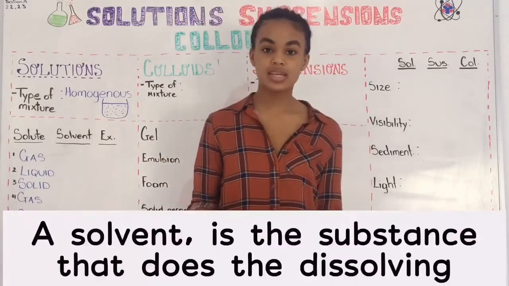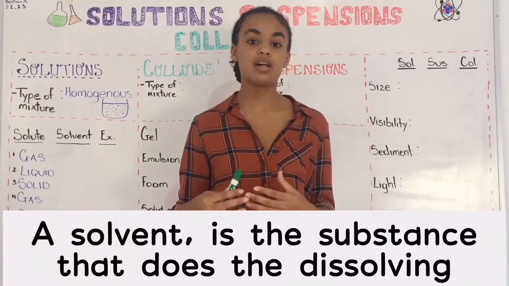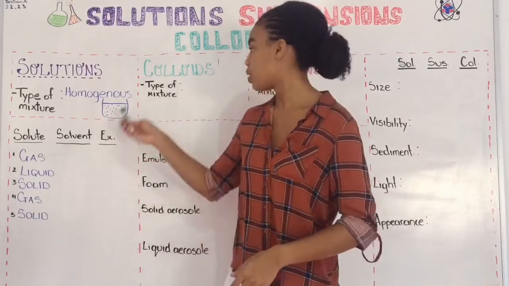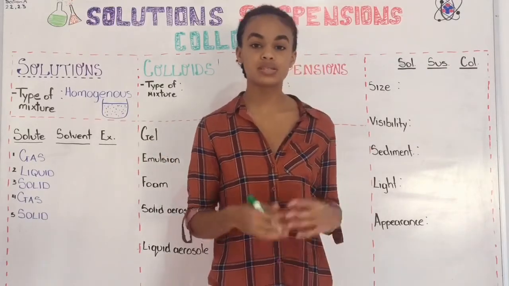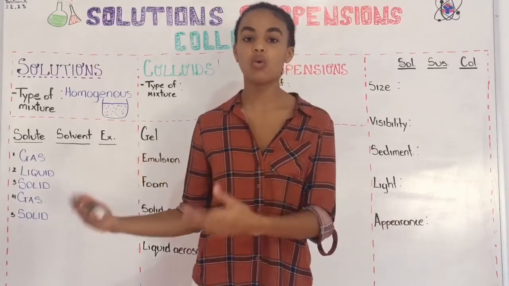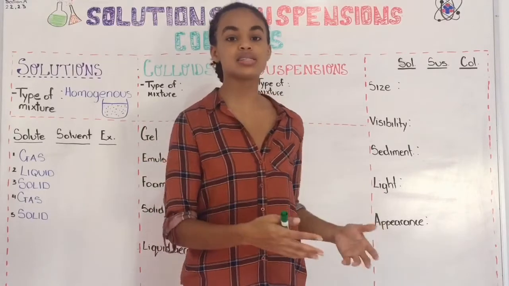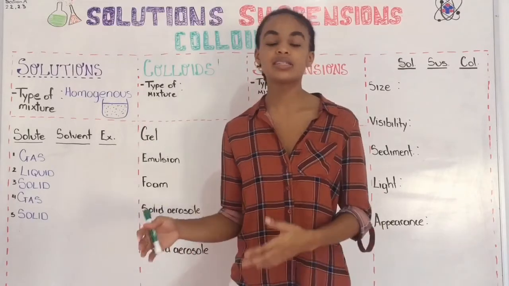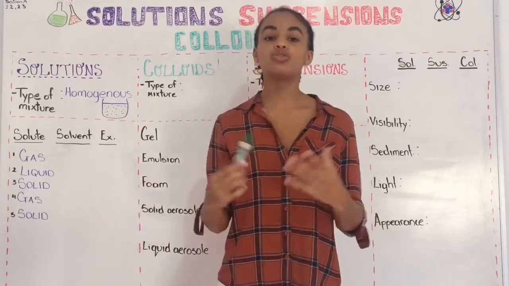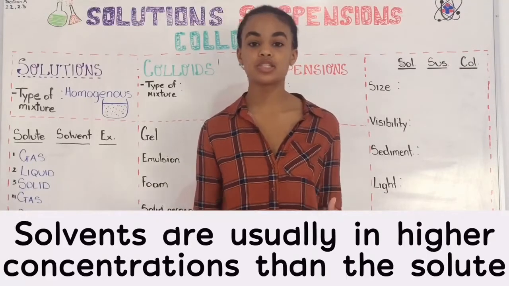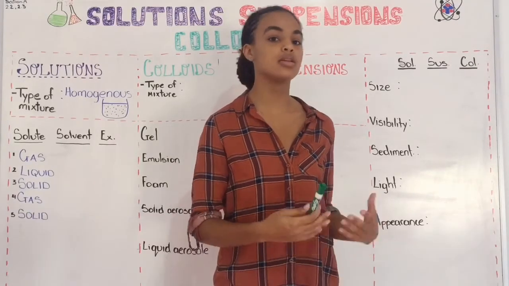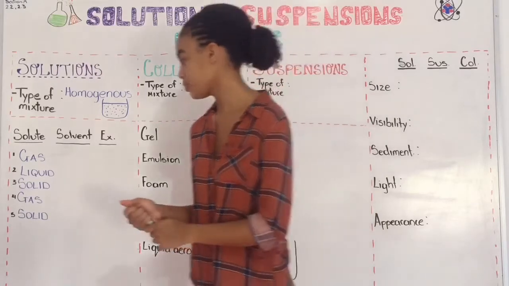A solvent is the substance that does the dissolving. For example, some salt water again, our solute would be salt, and our solvent would be water. The salt is dissolving in the water, so we say the salt is a solute, and the solvent is the water. Usually solvents are in higher concentrations, and solutes are in lower concentrations.